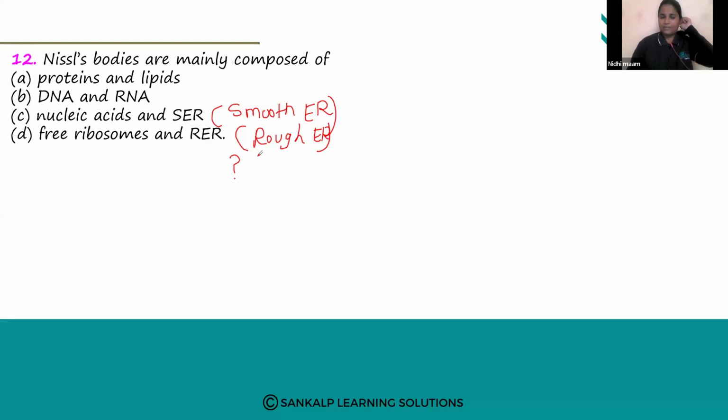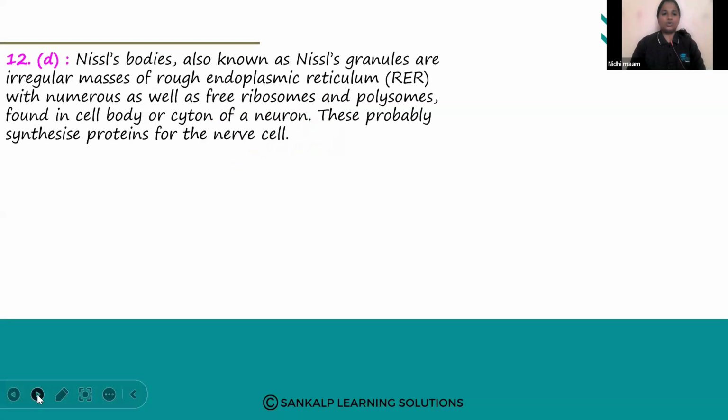Nissl's bodies are mainly composed of. So the right answer for this question is option D, free ribosomes and RER, that is rough endoplasmic reticulum. What is Nissl's body, which is also called Nissl's granules? It is the irregular mass of endoplasmic reticulum, especially RER, with numerous free ribosomes and polysomes.